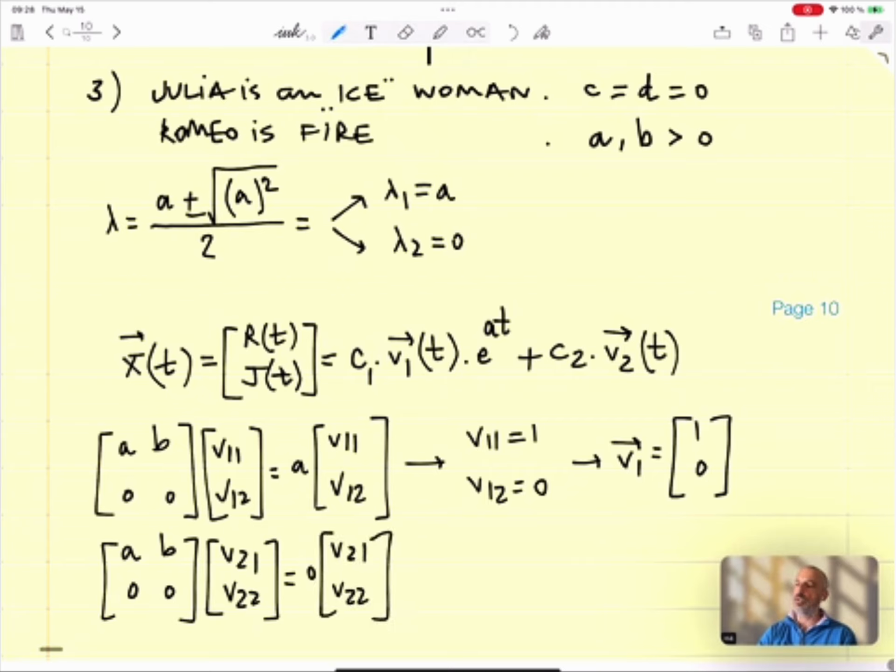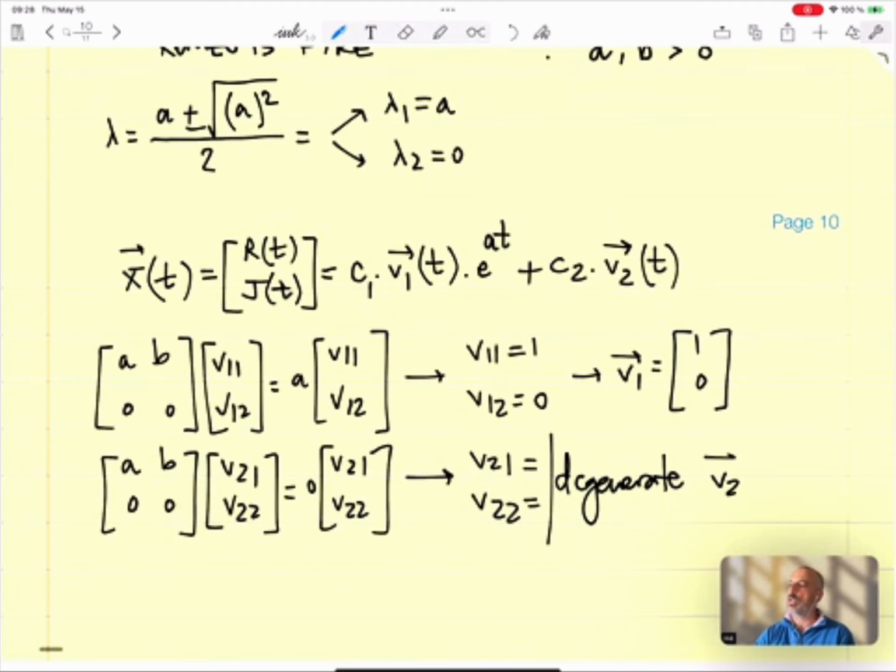And the second one is actually going to be a degenerate solution. Julia can do whatever she wants. It can be any behavior. Nothing will stop Romeo from loving her. Okay? So it's degenerate. Can go in any way. So let's say we take 0, 1.